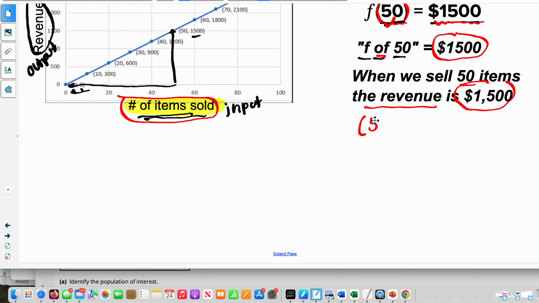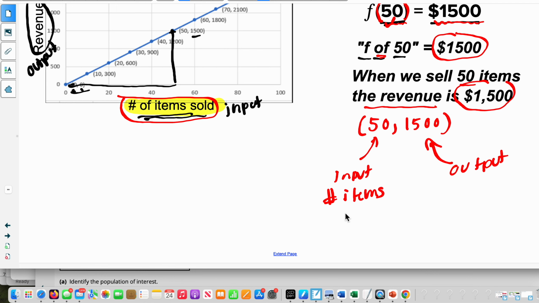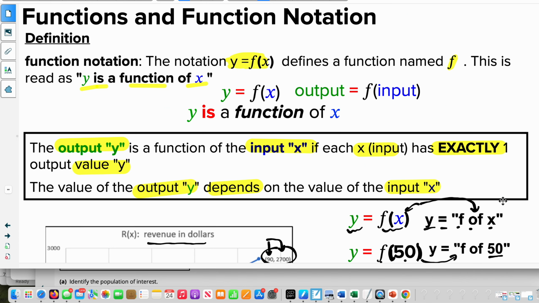When I input 50 items, or when I sell 50 items, my output is $1,500. Input, output. My input is number of items sold. My output is revenue in dollars.